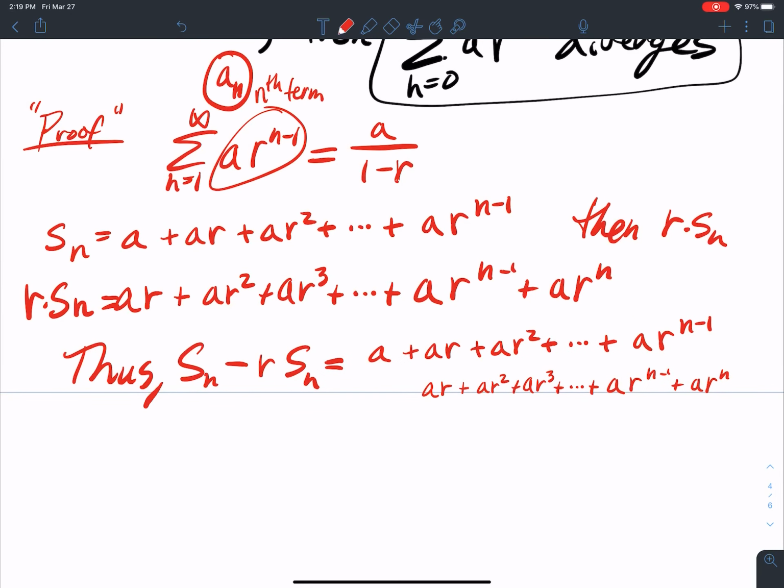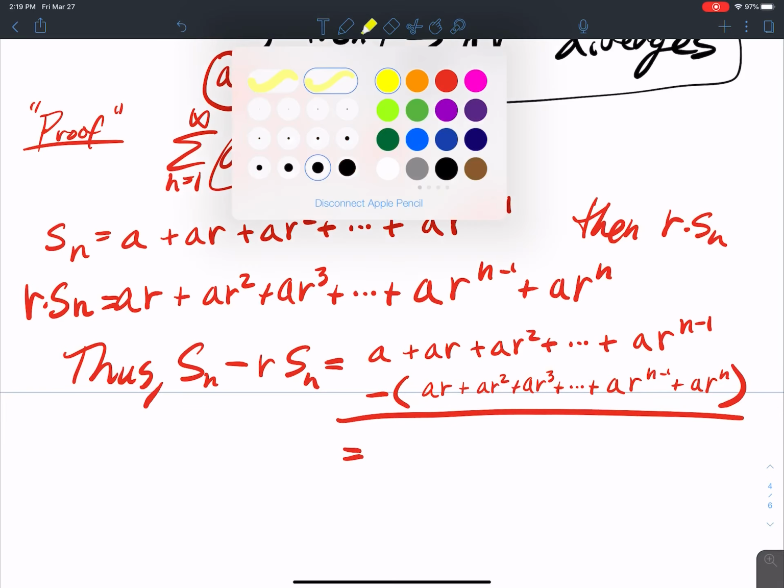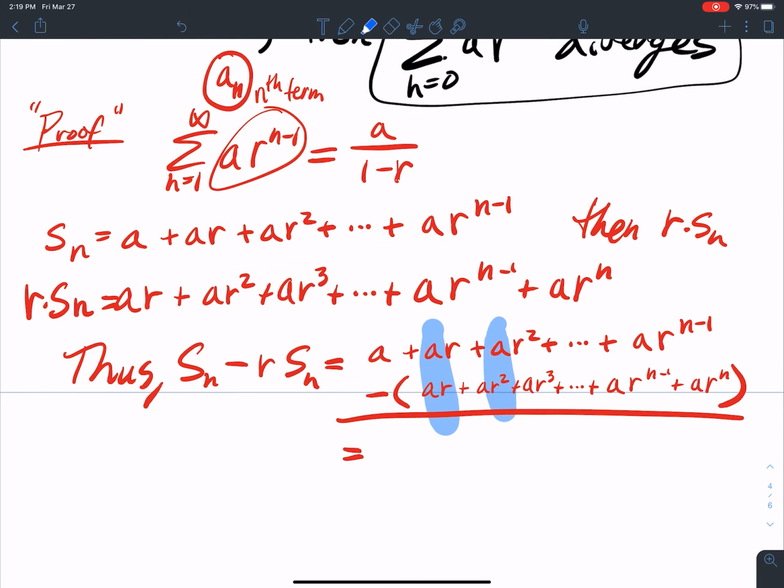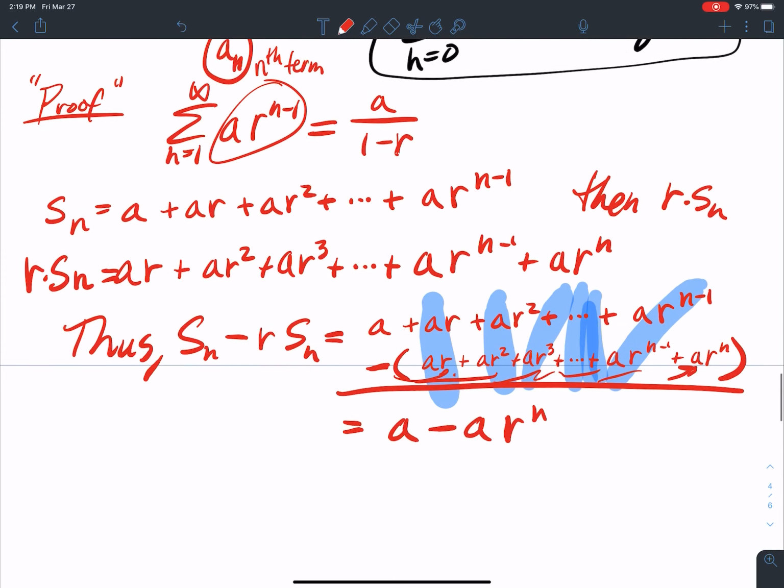What's going to happen whenever I subtract all of these? What am I going to be left with? This cancels, these cancel in the dots, and those cancel. And so what do I have left? I have a, and then that negative distributes to everything in here, even this last one, minus ar to the n. So what does this tell me?